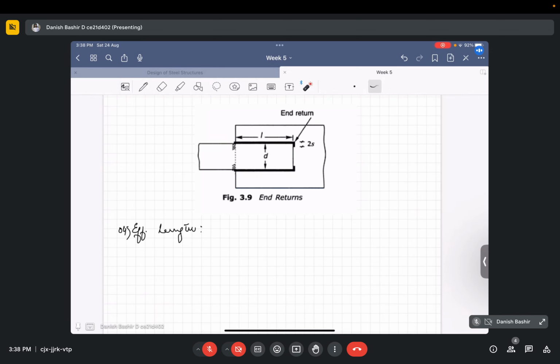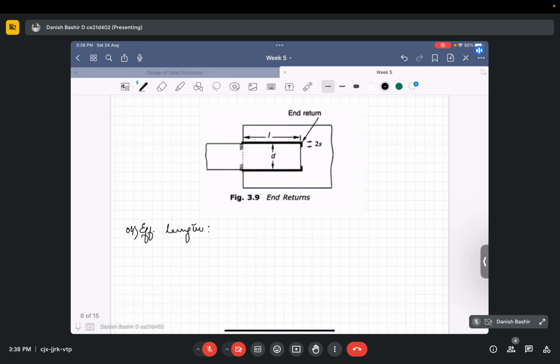So for example, if this has to be the size of the weld, this has to be S, and this has to be S, and this is the diametrically opposite weld face. And this is the throat thickness, KS. You already know, I already showed you KS.